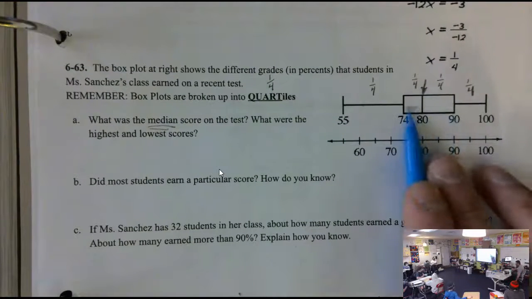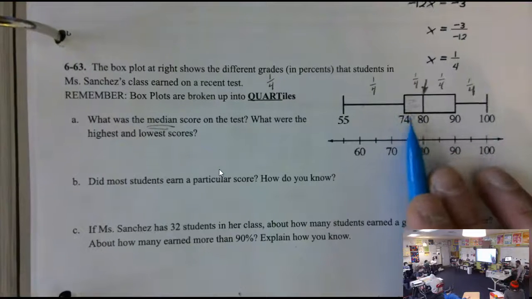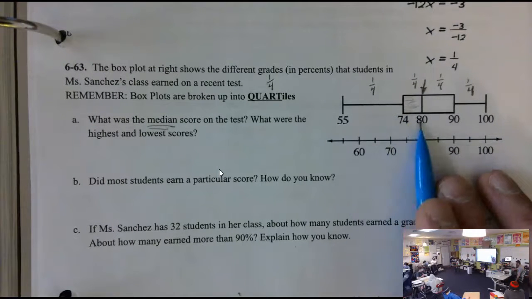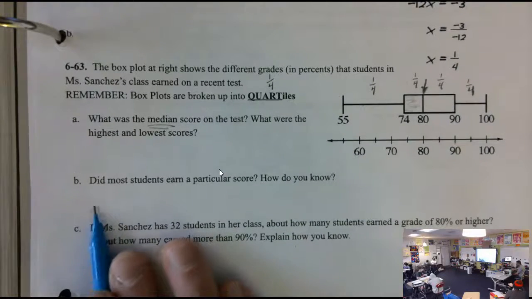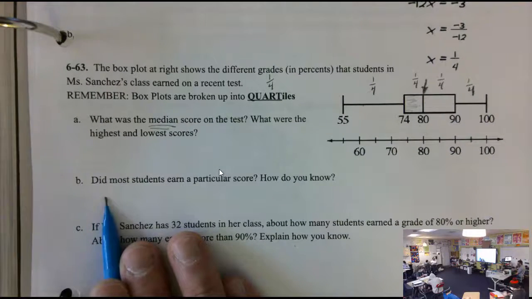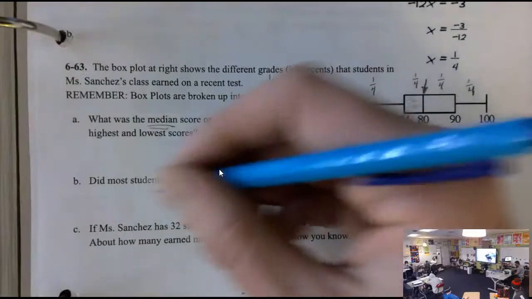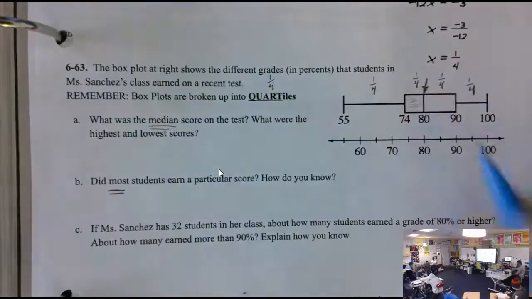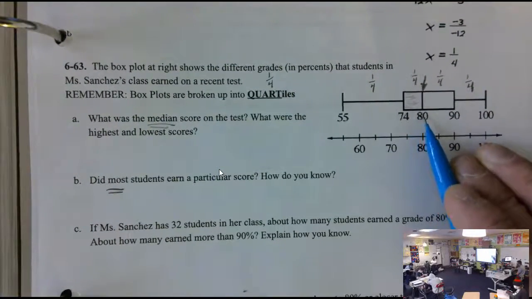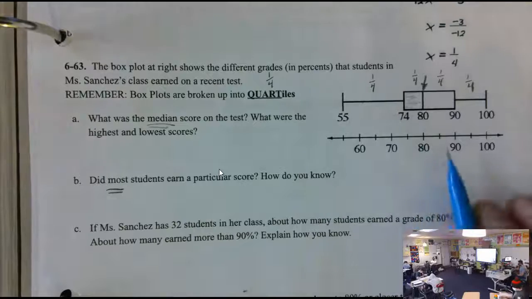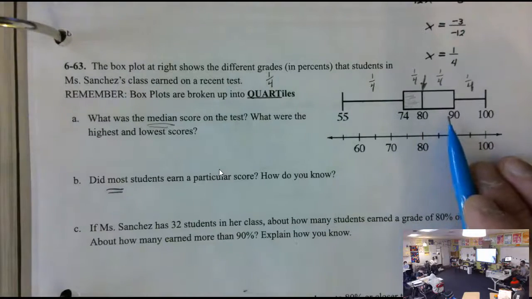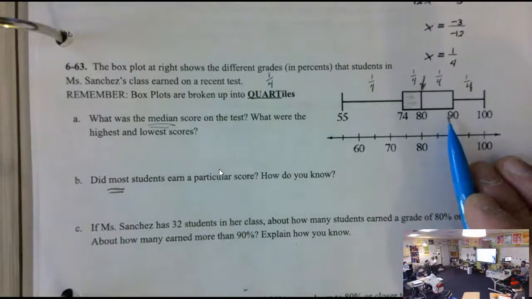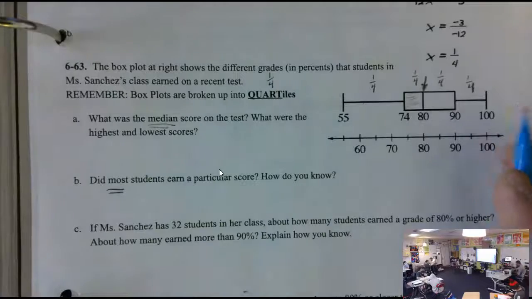The tightest section is right here, meaning 25% of the kids scored between 74 and 80. That's the narrowest section, so the tightest concentration is between 74 and 80. You could also say between 74 and 90 is 50% of them. It's whatever you want to say.